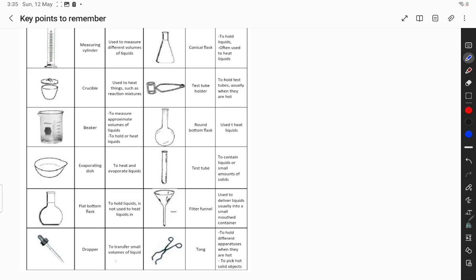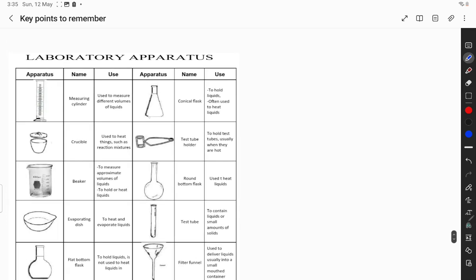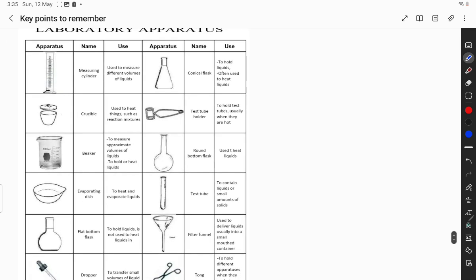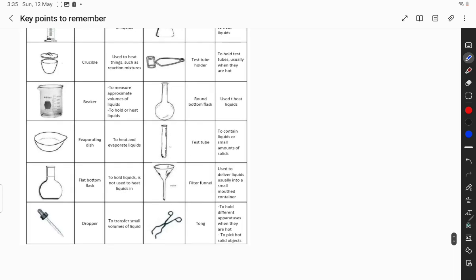Dropper, to transfer small volumes of liquids. Conical flask, to hold liquids, often used to heat liquids and used in titration. This is a test tube holder, to hold test tubes, usually when they are hot. Round bottom flask, used to heat liquids, and this is a test tube, to contain liquids or small amounts of solids.